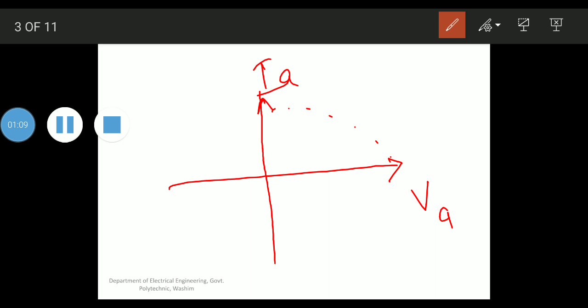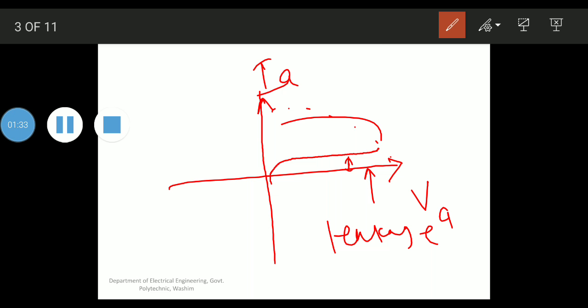Now when we increase the voltage, the characteristics will go like this. Now if we observe that with increasing values of voltage, there is no increase in anode current. There is very small current in this region, which is basically the leakage current.